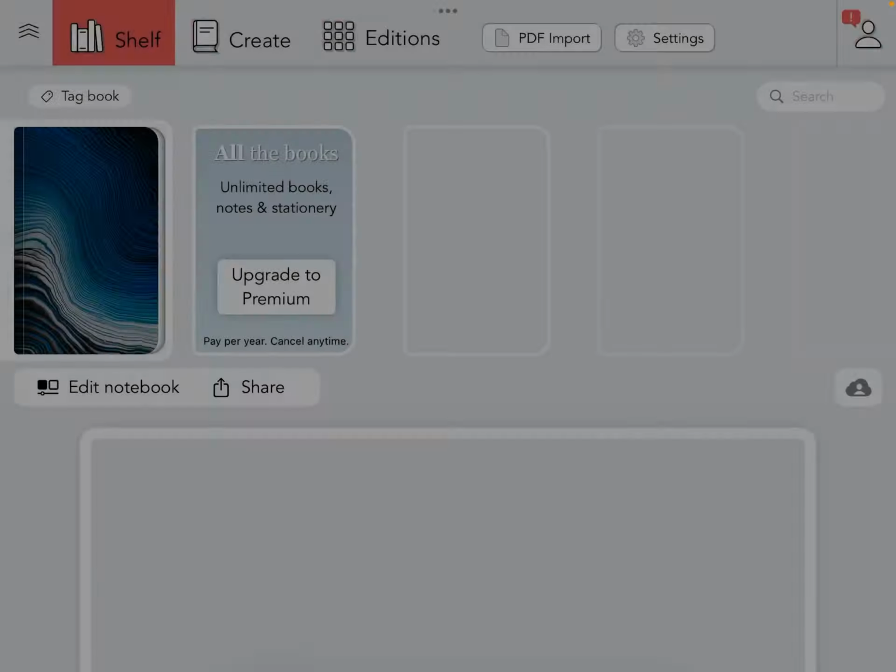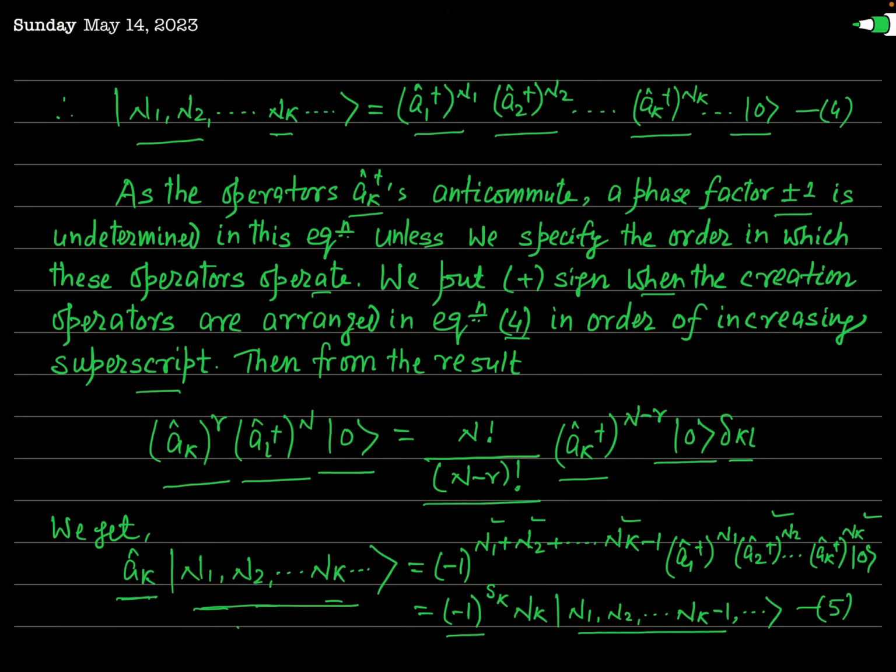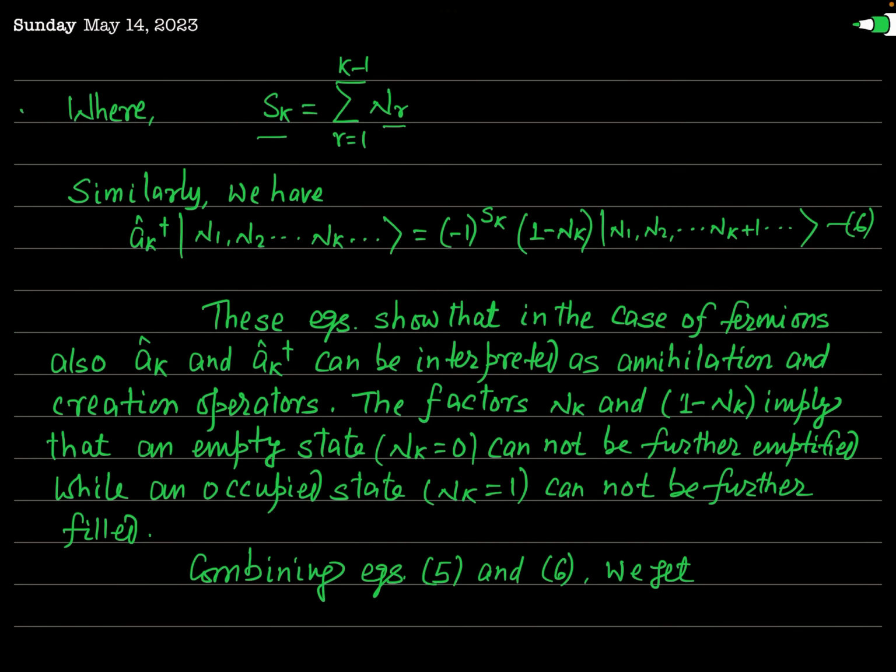In this case, in place of the eigenvalue nk, we will have 1 minus nk. So ak hat dagger operated on the state ket n1, n2, and so on up to nk is equal to minus 1 to the power sk, 1 minus nk, and ket n1, n2, and so on up to nk plus 1.